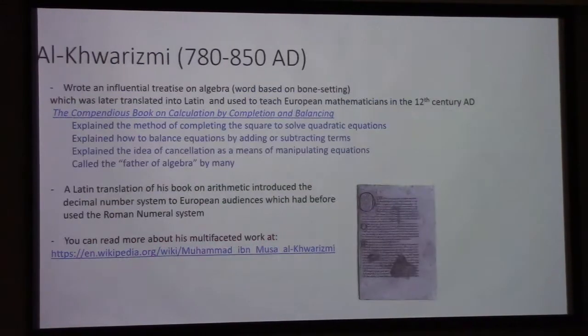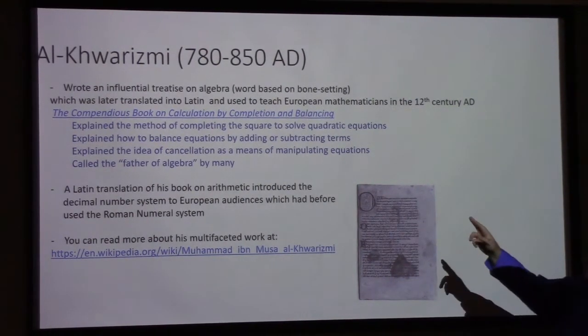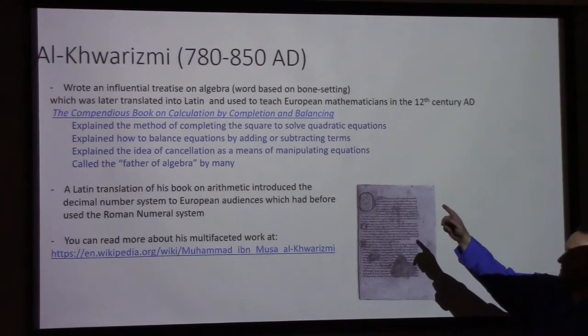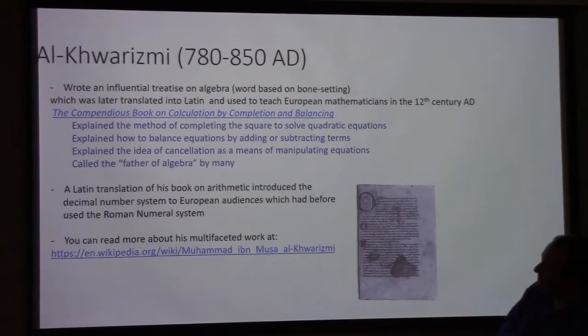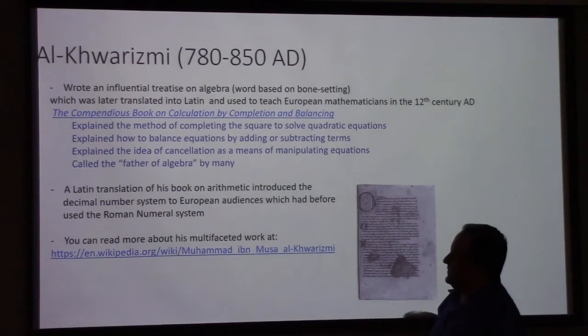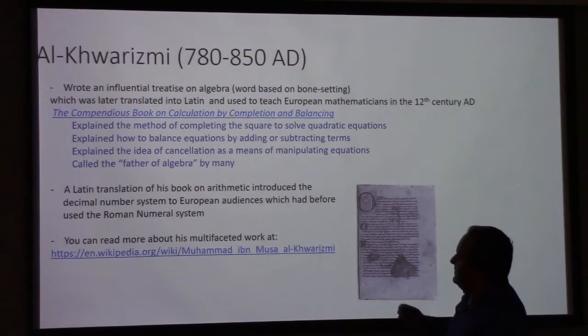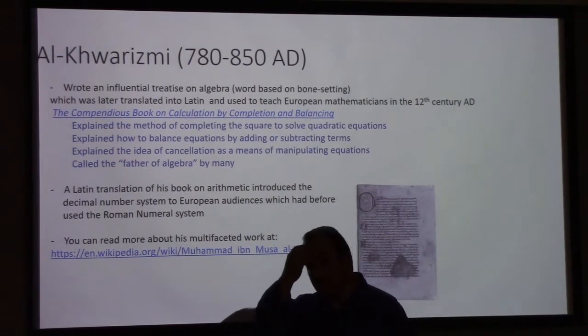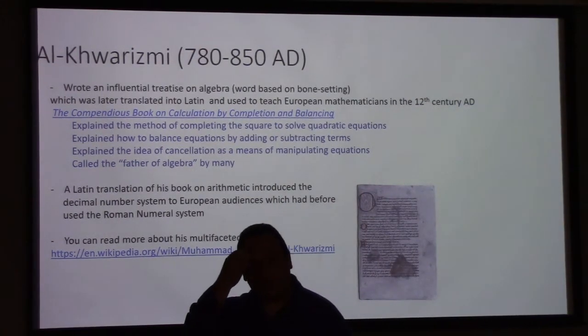All right, and then a little bit later, actually a lot later, I cannot pronounce this. Can anybody pronounce this? What's that? Al-Khwarizmi? There we go. So this was an incredible mathematician of that time period, a Persian mathematician who basically invented much of what we know and love as algebra.